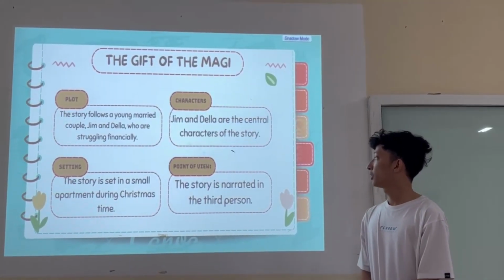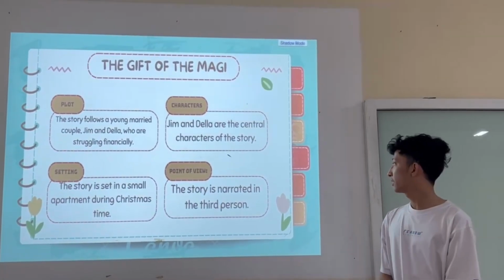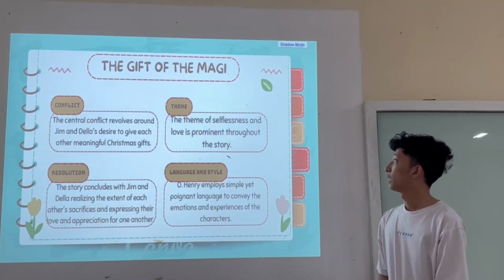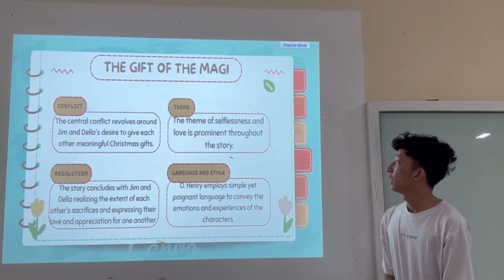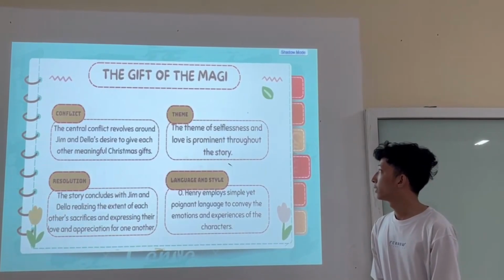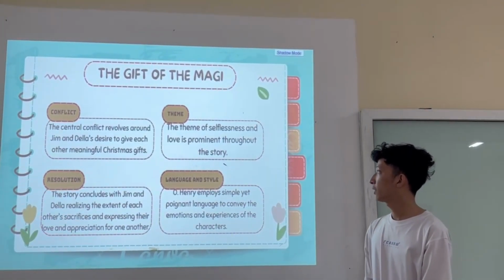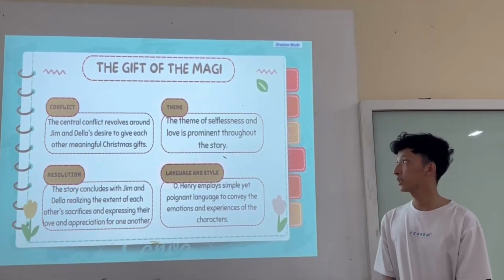About the point of view, the story is narrated in the third person. The central conflict revolves around Jim and Della's desire to give each other a meaningful Christmas gift.